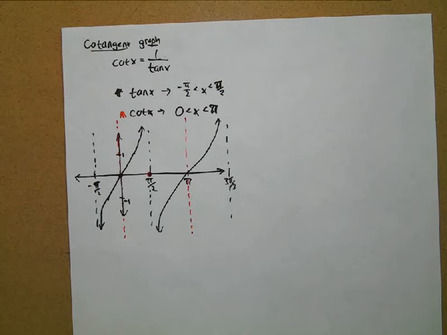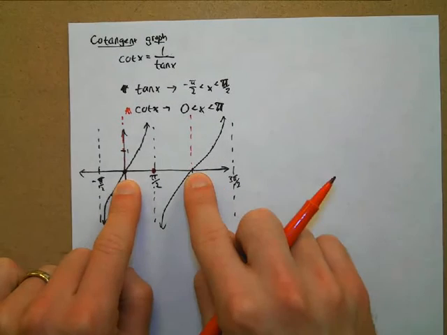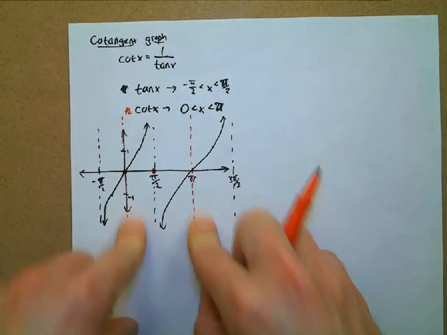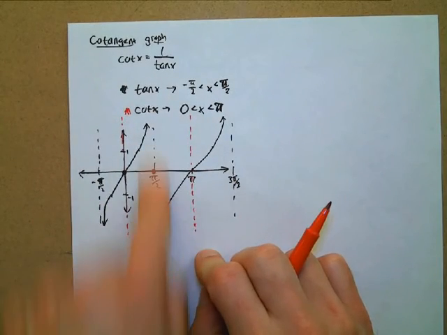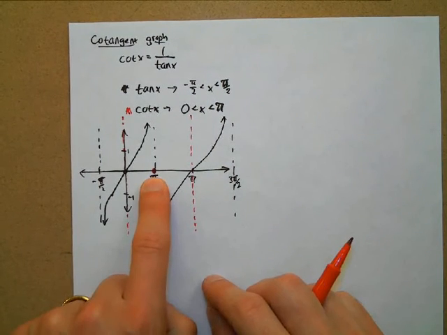And we also want to talk about reciprocals here, too. Tangent of pi over 4 was 1. What's the reciprocal of 1? 1. So we'll have this point right there.